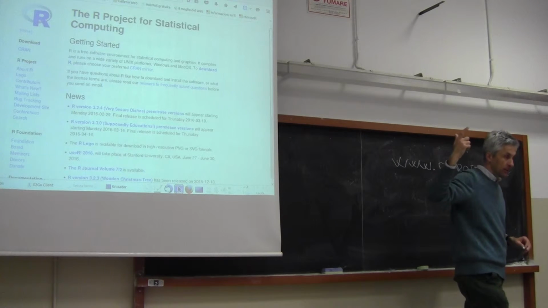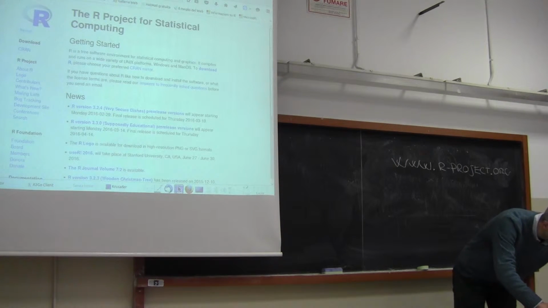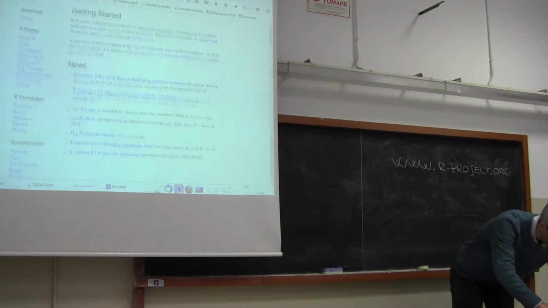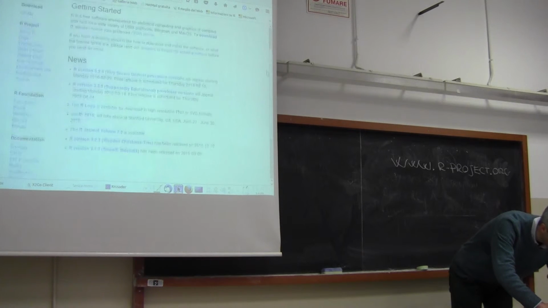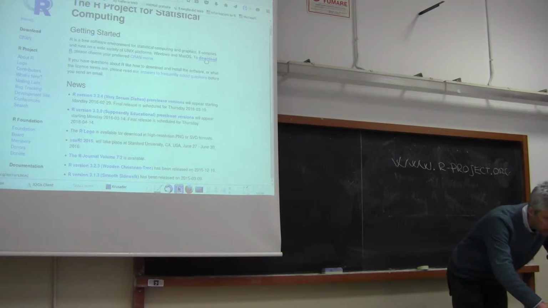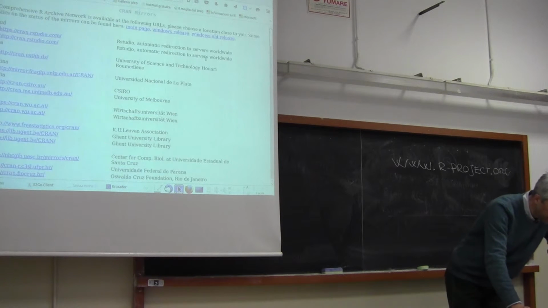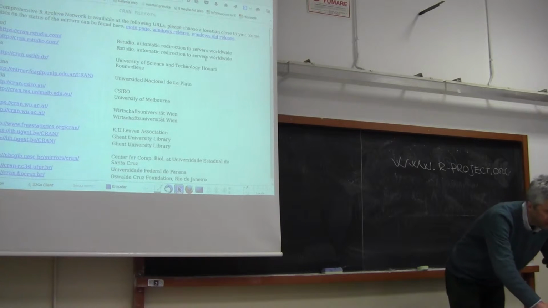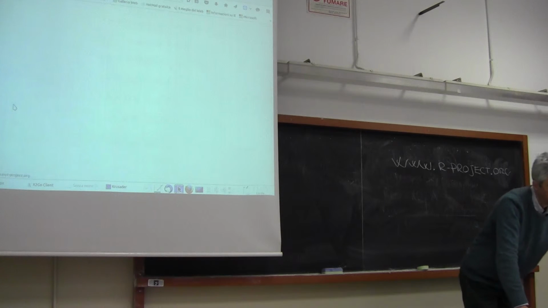So I prefer to teach you how to use this. To install it, there is a download page. If you scroll down, where is download? Let me see. To download are here. And then when you click, there are the mirrors. Usually it doesn't make a difference, but I usually take Austria.